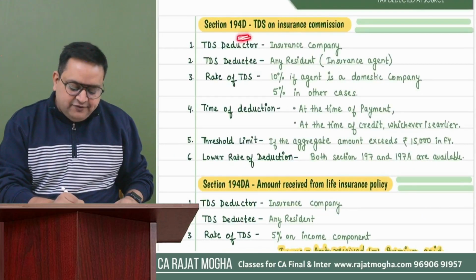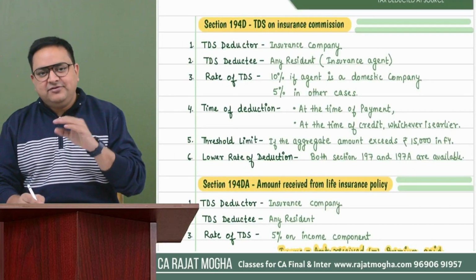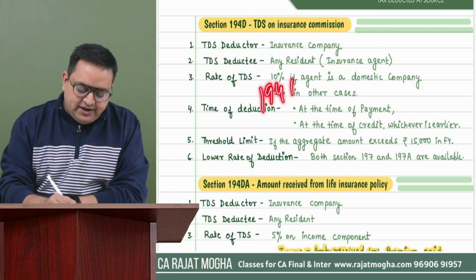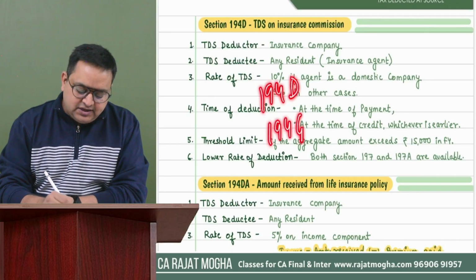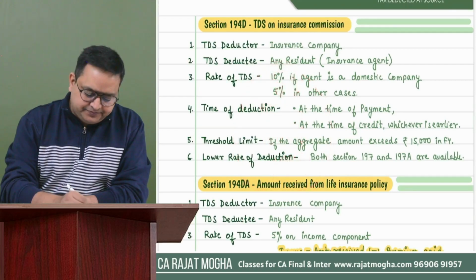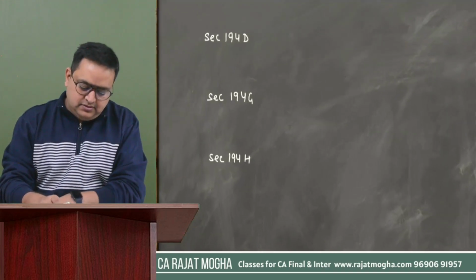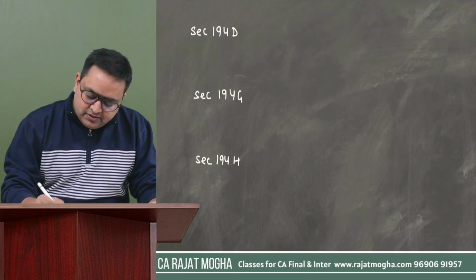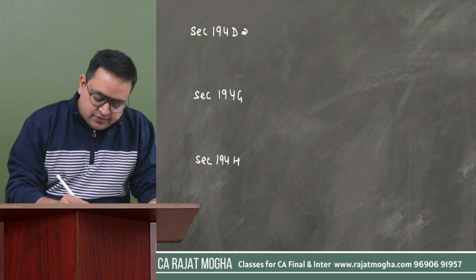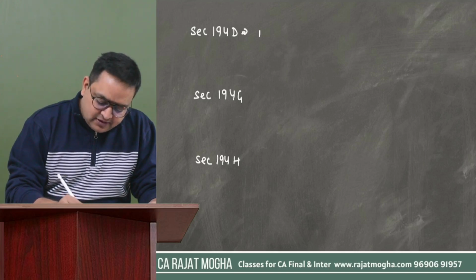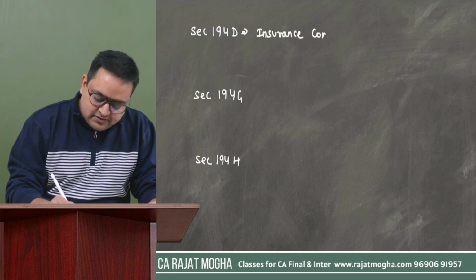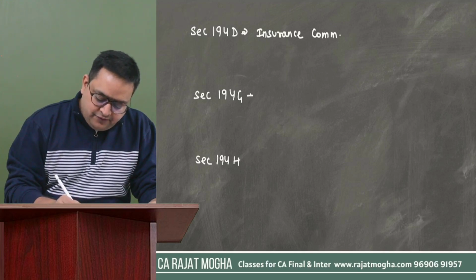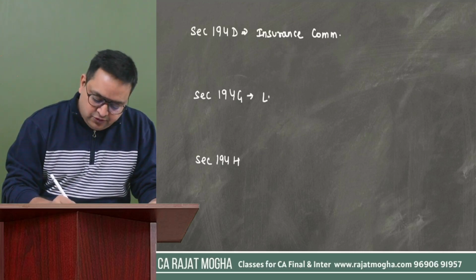The next section is 194D. In fact, we have three sections which are very much similar: 194D, 194G, and 194H. 194D is related to insurance commission. 194G is related to lottery commission.